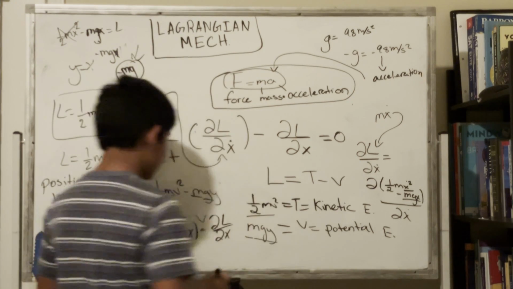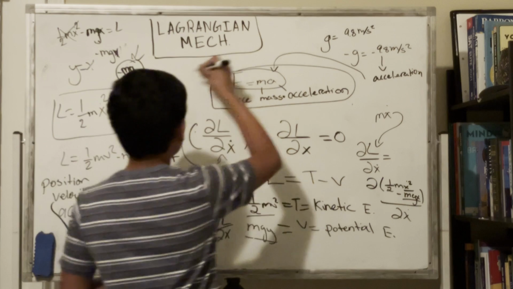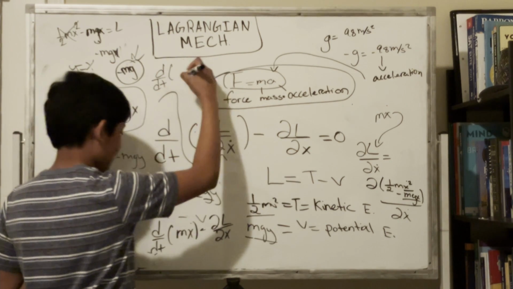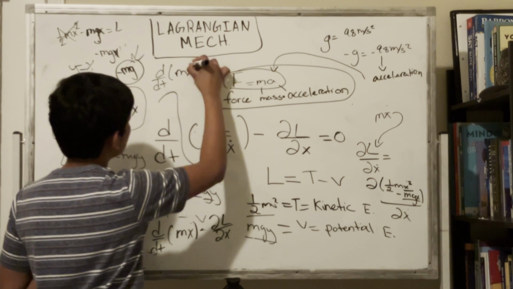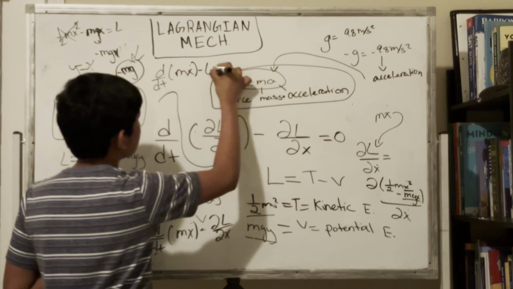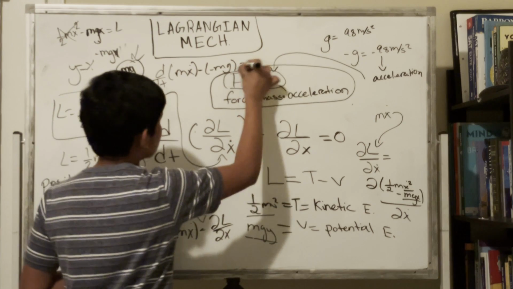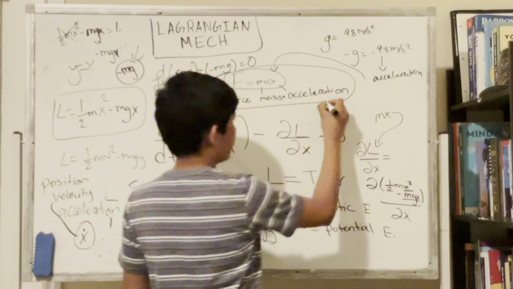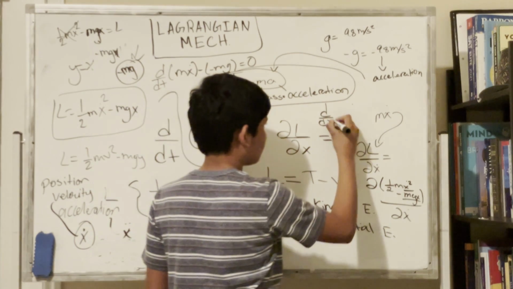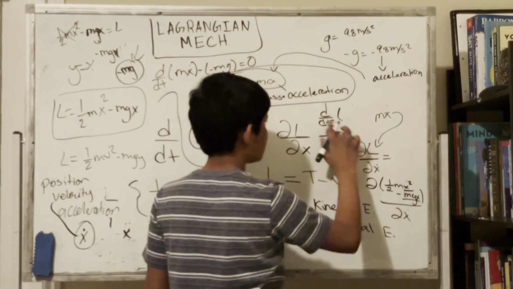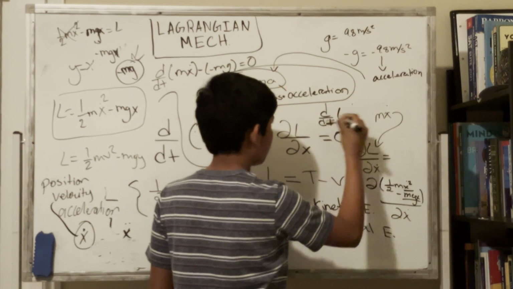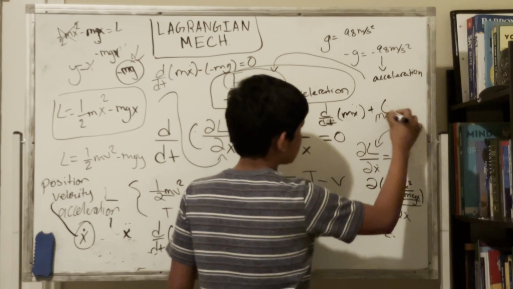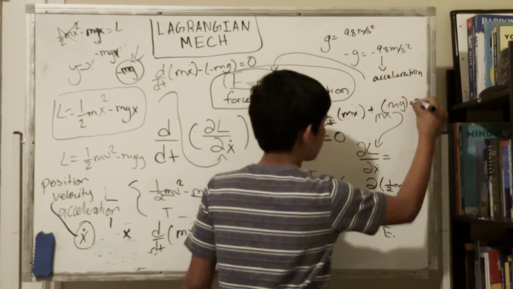So now we can plug this into the equation. The derivative with respect to time of m x dot minus mg is going to equal 0. Now we can simplify this so it's the derivative with respect to t of m x dot plus mg equals 0.